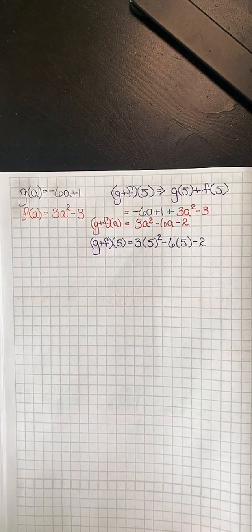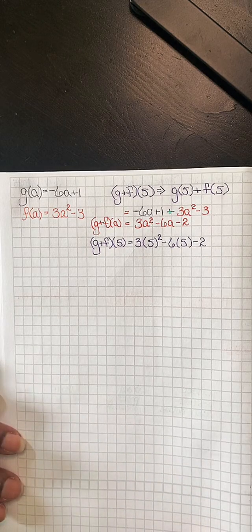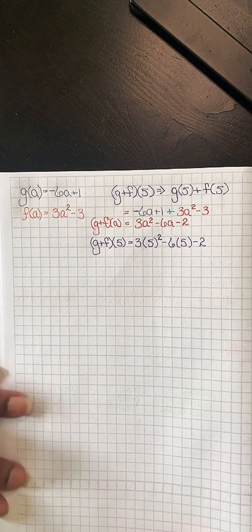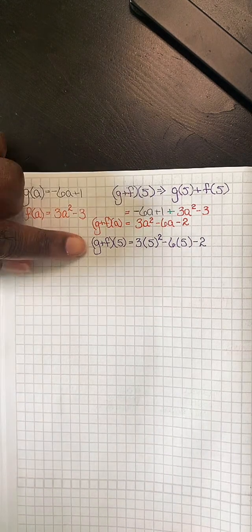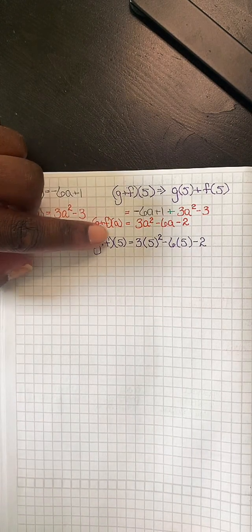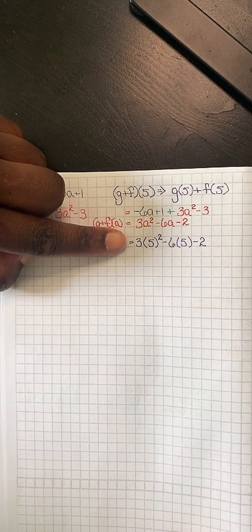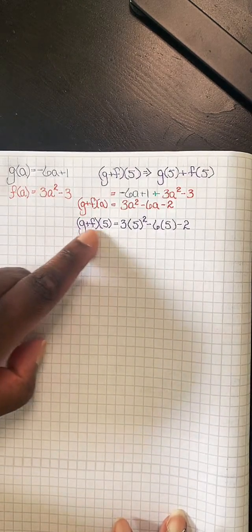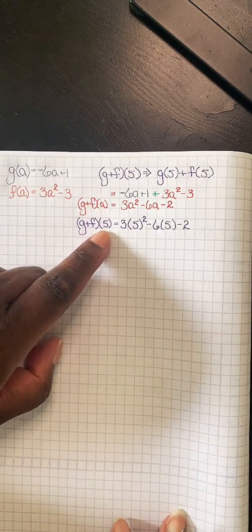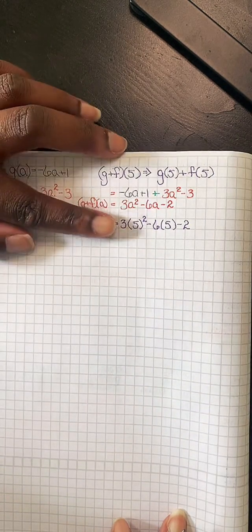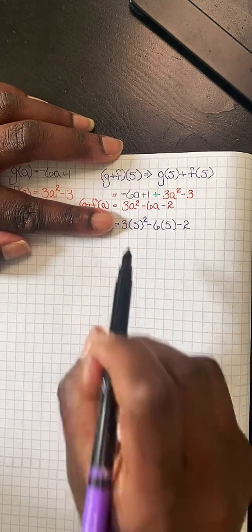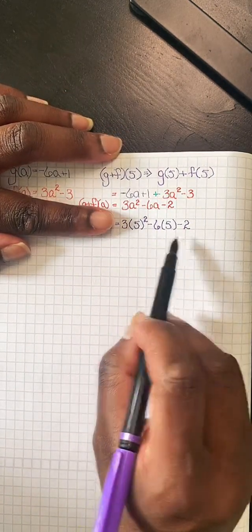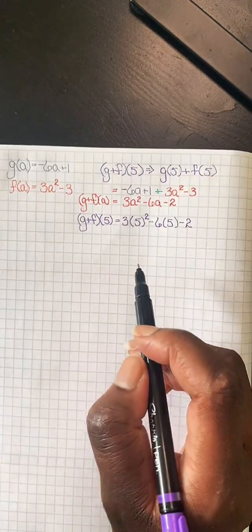Now, this part here with the G plus F of 5, we're going to ignore that. We only use this to remind us what we substitute the A for. So we don't need any of this until the end. But now we've got to do the work over here on the left-hand side.